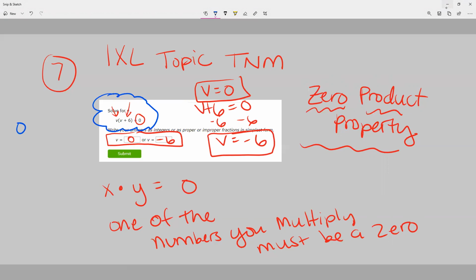Either you're going to have 0 times 0 plus 6, or you're going to have negative 6 times negative 6 plus 6. Make sense? So 0 out front multiplied by this number would equal 0, or negative 6 times this, which equals 0. So this totals up to 0. Basically, you're just trying to figure out what could you plug in here to make a 0.